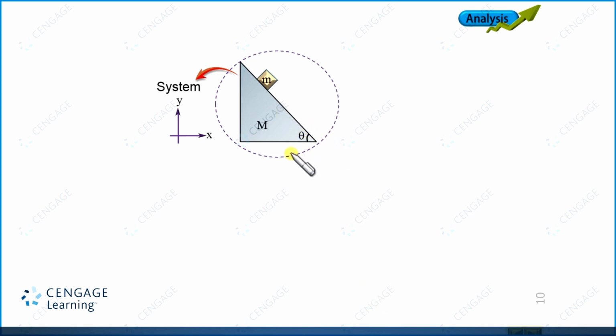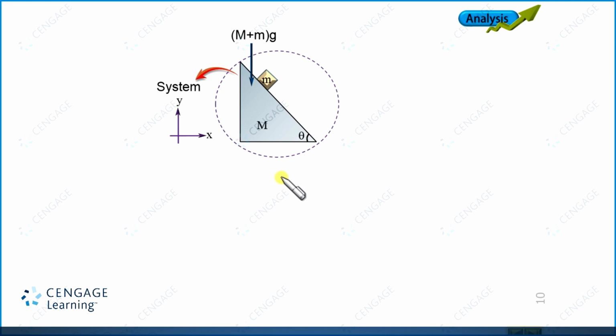External forces are the gravity force. In gravity force, we include the weight of this vase and weight of this block, that is small m, capital M plus small m multiplied by g. These are the weight of capital M and small m. And second external force is the normal reaction applied by weighing machine on the vase.